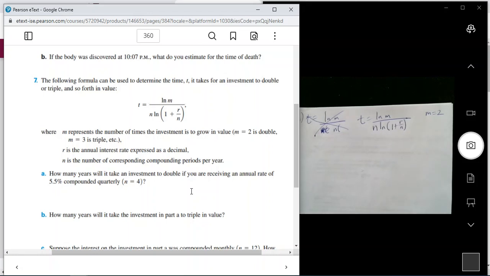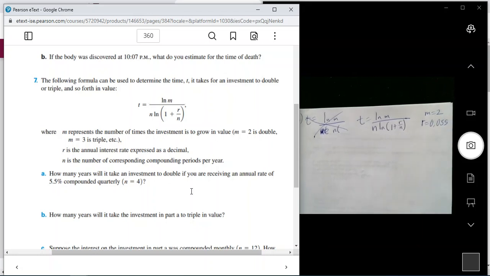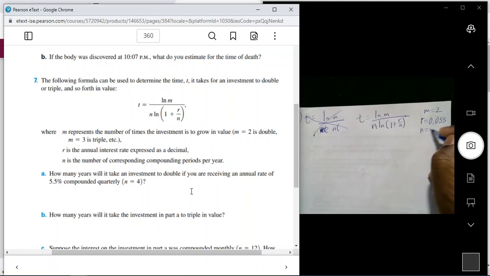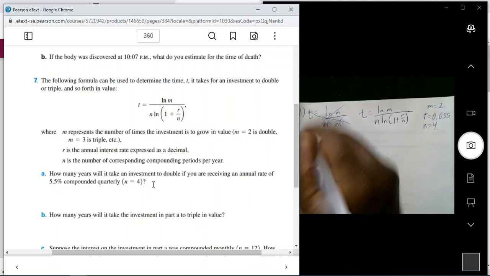Now it tells us in this problem that our annual rate is 5.5%, which when we turn to a decimal is 0.055. So we have our R. And then finally our N. Our N is given to us. It says N is equal to 4. So now we have all the elements we need in order to solve this problem.